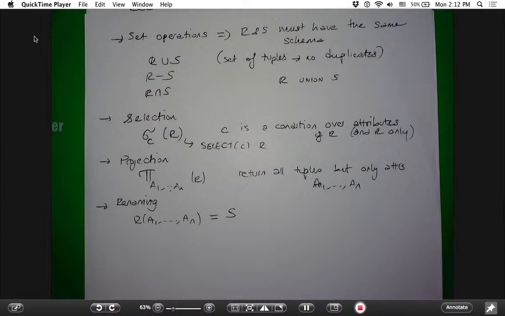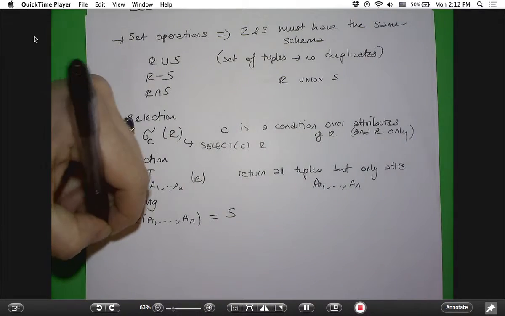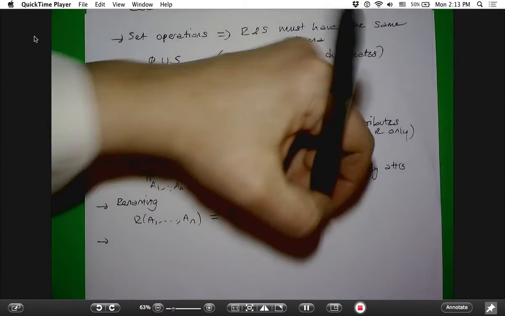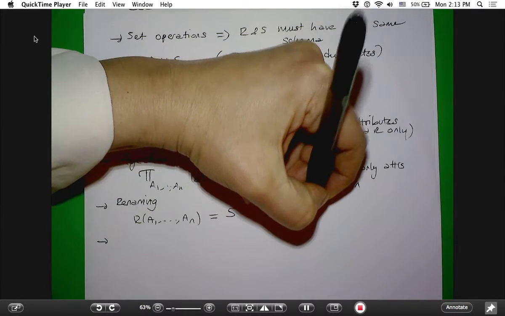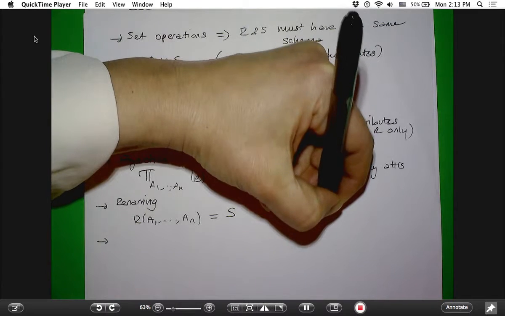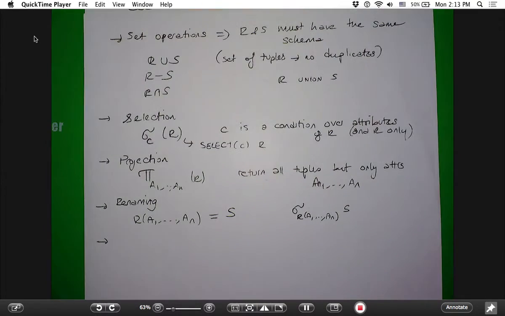And this is a good way because you can actually break up a long relational algebra operation into multiple steps and do the same. Or you can do the same with rho of R A1 through AN of S, like this. Both are fine. Then we said, yes?